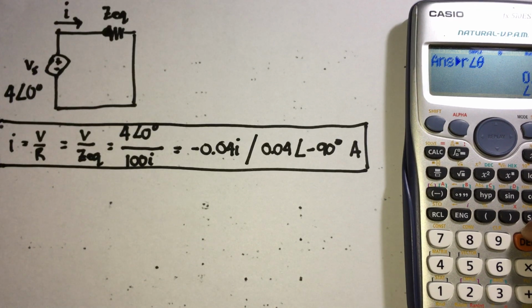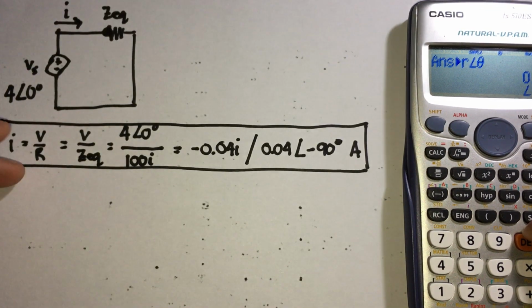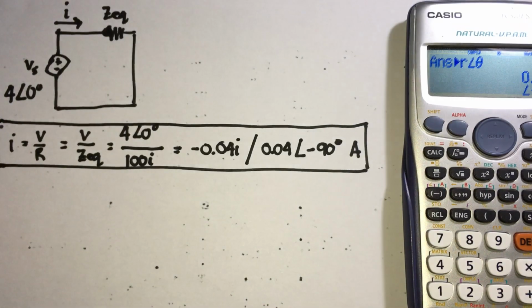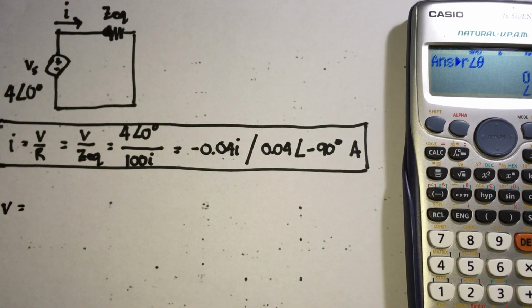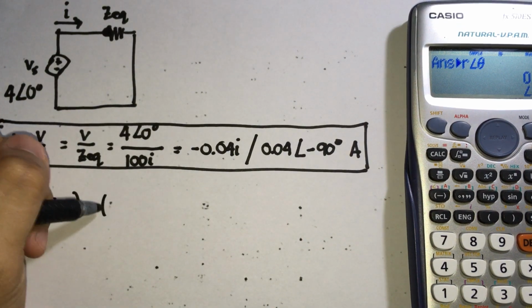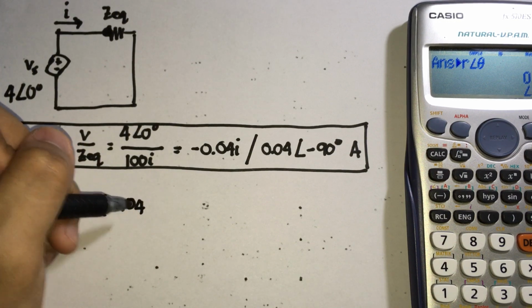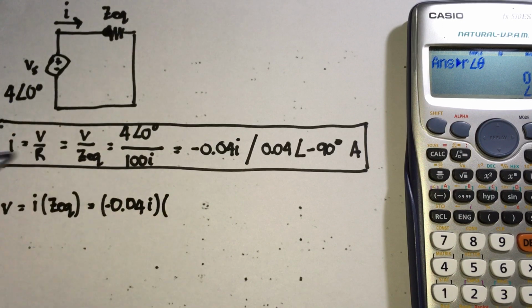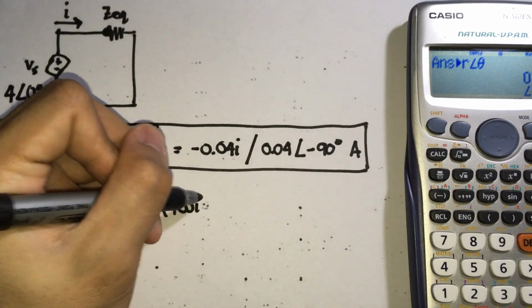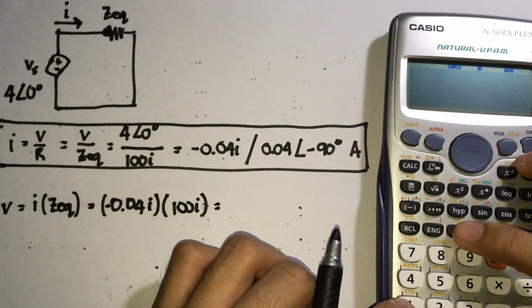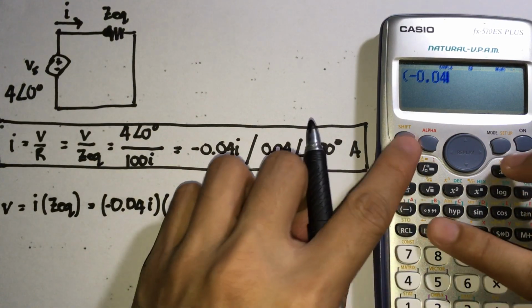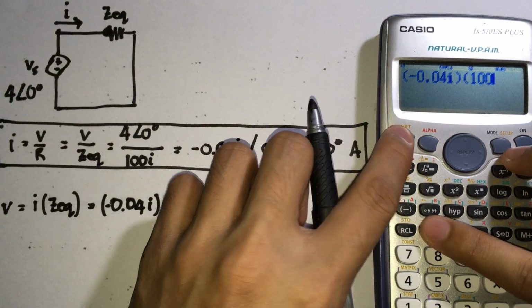After we have obtained I, we will now go to V. Just like in Ohm's law, V is equal to I times ZEQ. So we can just multiply negative 0.04I times the ZEQ, 100I.